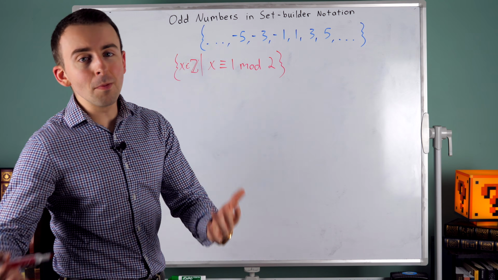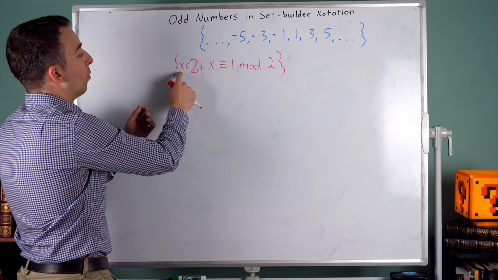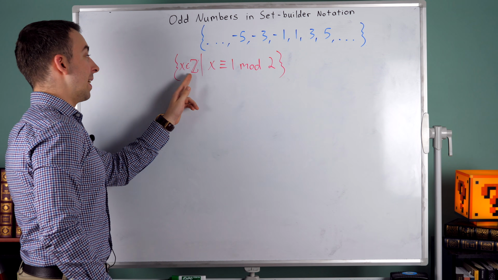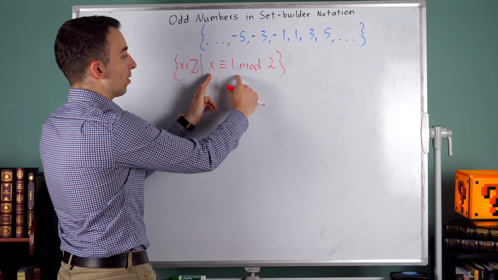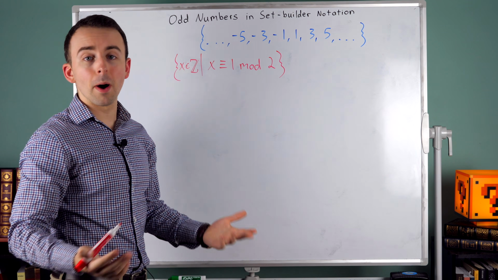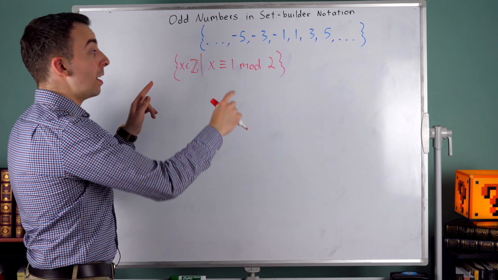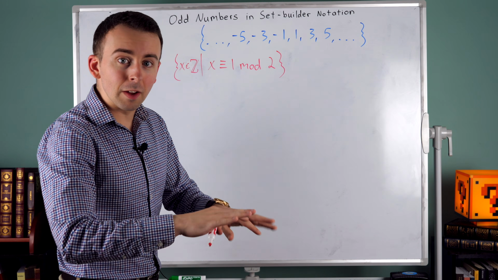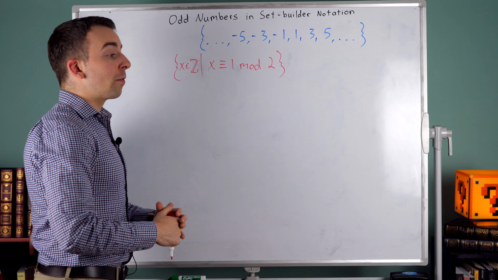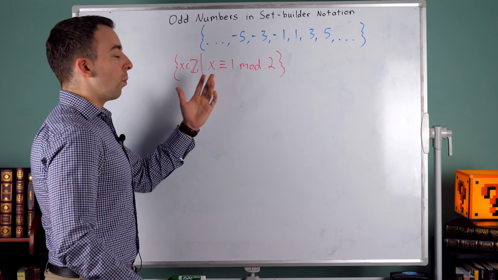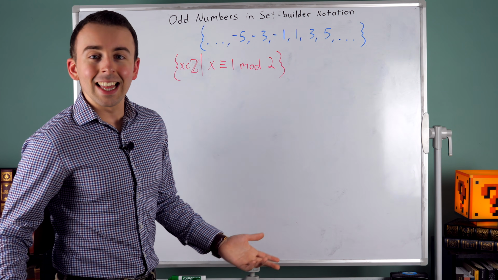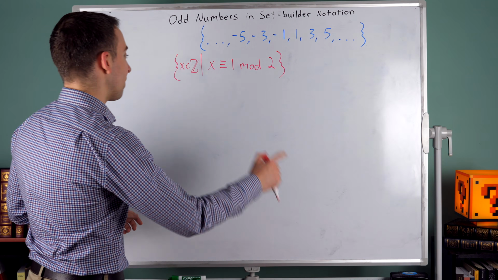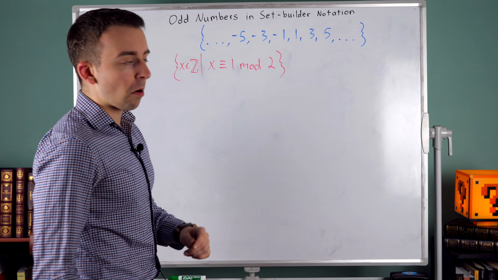So as a human, if you were looking at this and we just said x instead of integers x, you would know that we're talking about integers because over here x appears in a modular congruence statement. But if you were programming it on a computer, the computer very well would tell you, what are you doing? You're plugging a real number into a modular congruence statement. That's not defined. So I'd specify x is an integer.